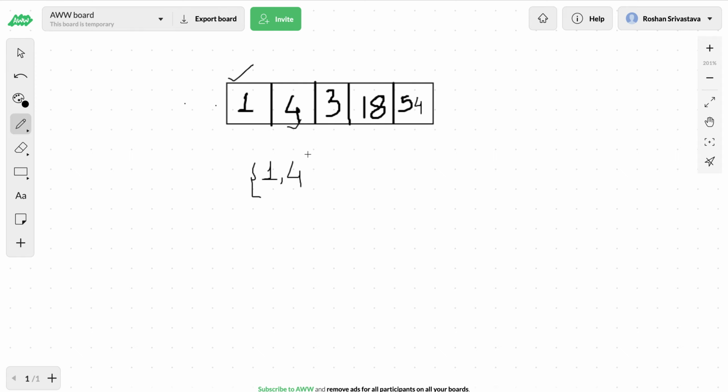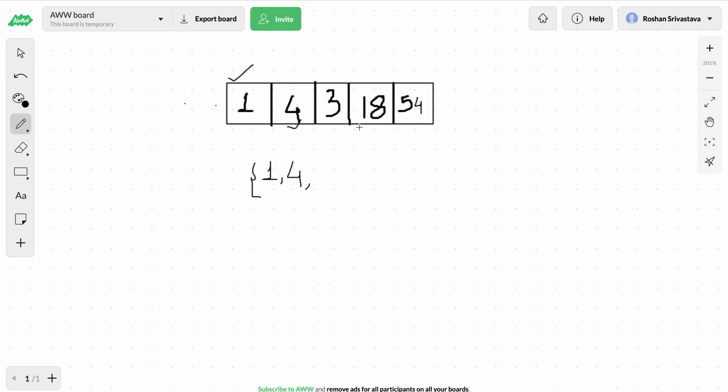What else? Now we go ahead and see if 3 can be taken in this subset where 1 and 4 already exist. 3 is divisible by 1, but when we talk about 4 and 3, it is not possible, because neither 4 is dividing 3 nor 3 is dividing 4. So we say that 3 can't be included.